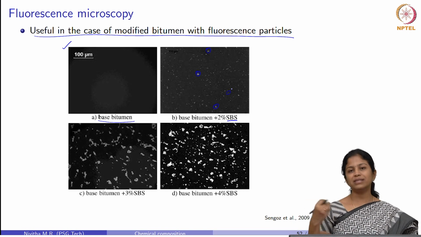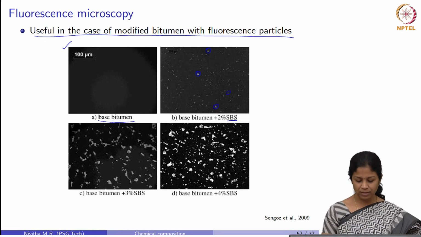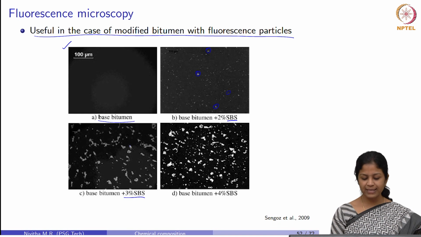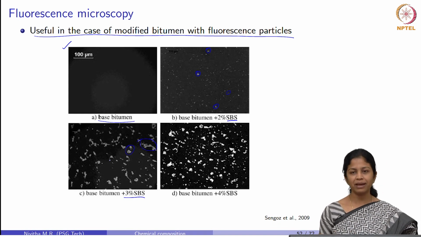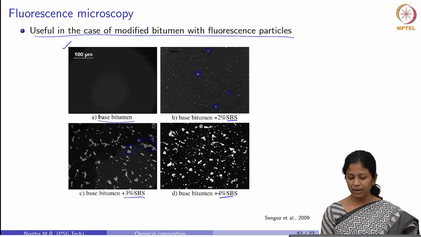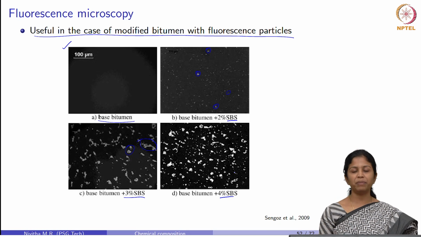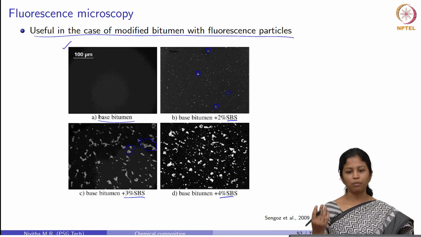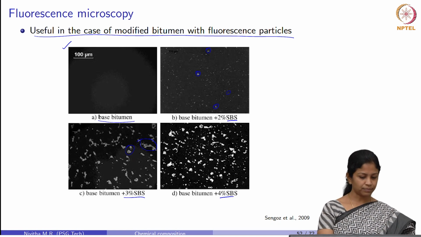This is how SBS is distributed in the base bitumen. When we increase the dosage of SBS to 3%, we can see it clearly. A lot of white particles are distributed in the base bitumen, and at 4% it is even clearer. So, fluorescence microscopy is successful in the case of modified bitumen which emits fluorescence.